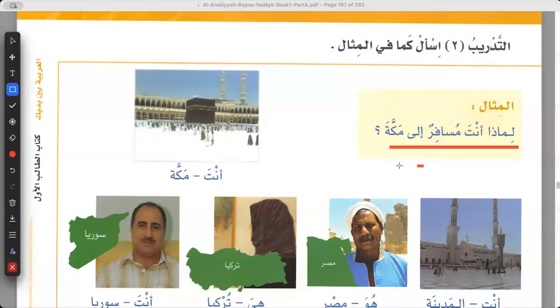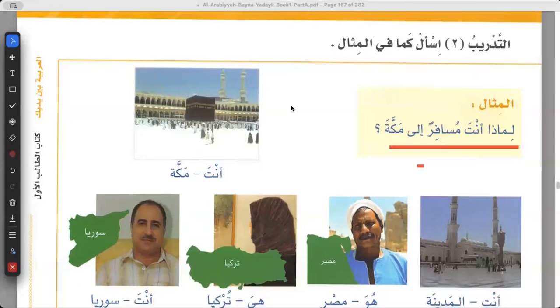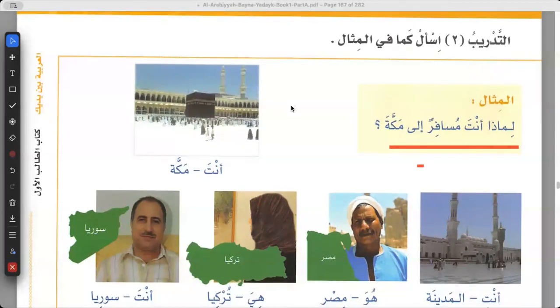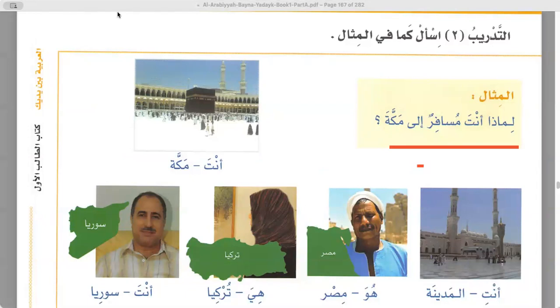So you can see where 'anta' and Makkah came in the question. So don't forget this is a question. We need to know from your pronunciation that this is a question. Why are you traveling to Makkah? That is a question. You cannot say it flat. No, that's not a question. I hope we are getting it.